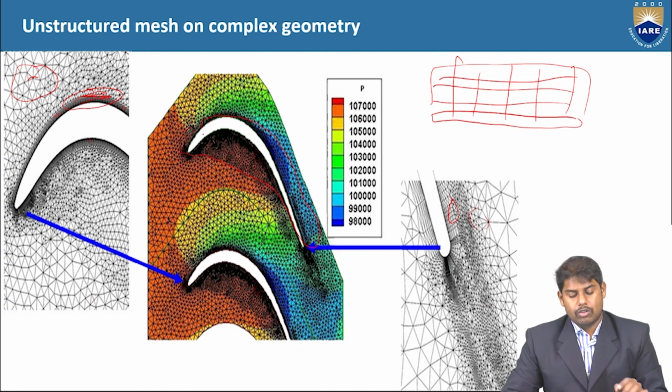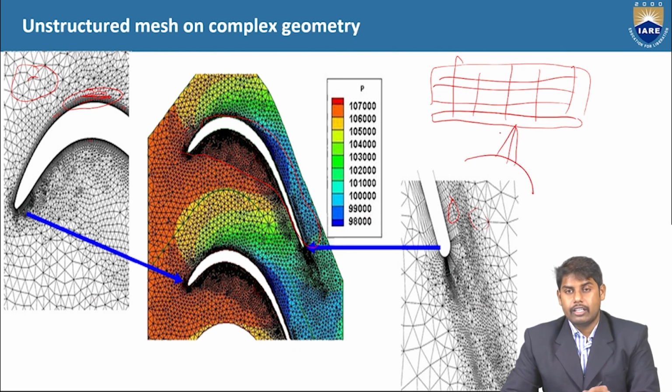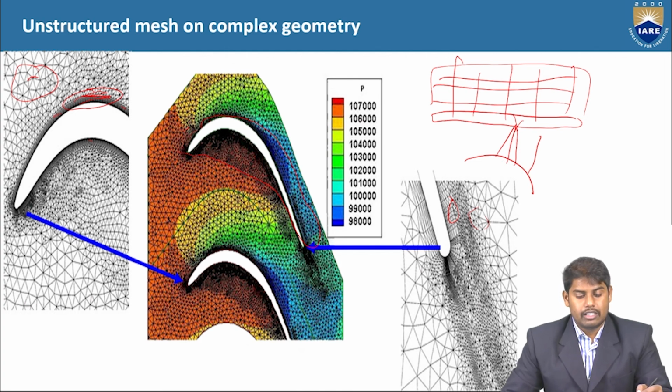Why? Because if you have a curved region and you are using a structured grid, these two y lines may intersect and form negative volumes. This is why a structured grid is not advisable for curved objects.